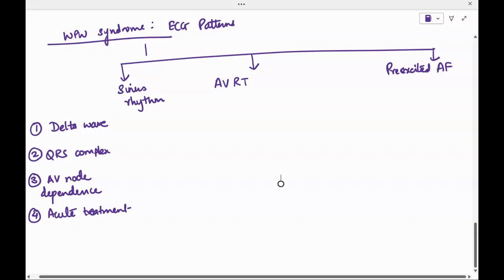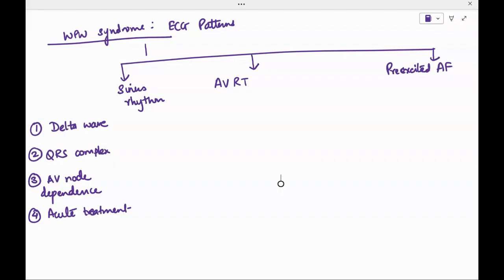So what are the ECG patterns seen in WPW syndrome? We have three types of patterns: sinus rhythm, AVRT, and pre-excited atrial fibrillation. Now, what are the differences in all three of them? Let's discuss sinus rhythm. First is the delta wave. Yes, it is present. QRS complex is wide. AV node dependence, yes, it is dependent on the AV node. And is there a need for any acute treatment? No. Now AVRT.